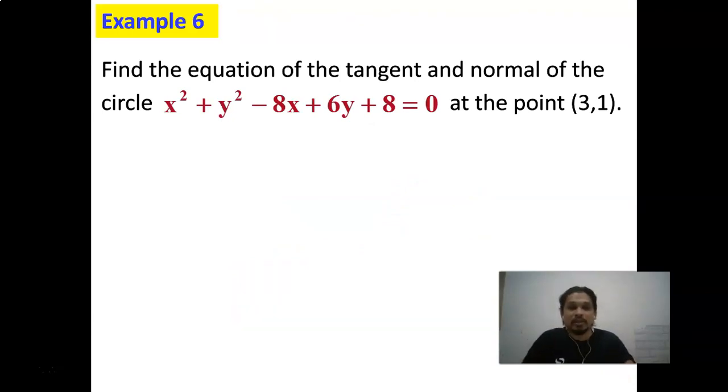Find the equation of tangent and normal of the circle at the point 3, 1. Okay, so just imagine there is a circle here and there is a center, and a point 3, 1 here. The sketch is very small here.